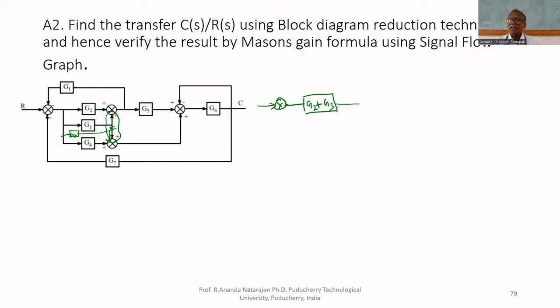Once it is added, why draw the summing junction? Why did we add G2 plus G3? To remove the summing junction. Once it is removed, why are you drawing that G2 plus G3 and a feedback loop G1, minus, this is plus. Then G5 is there.